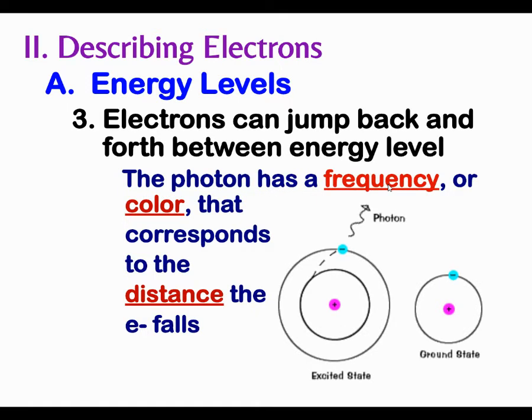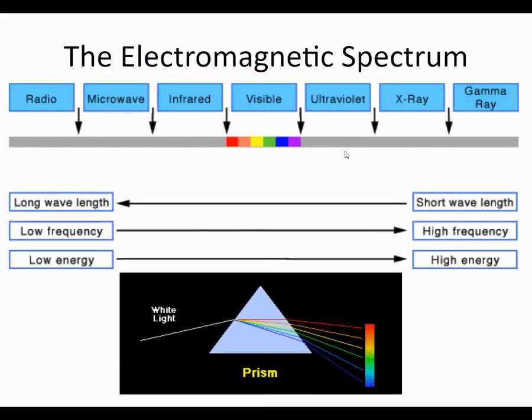The frequency or color corresponds to the distance it falls. So if it excites two energy levels, it can fall even further and show a different corresponding color or frequency.